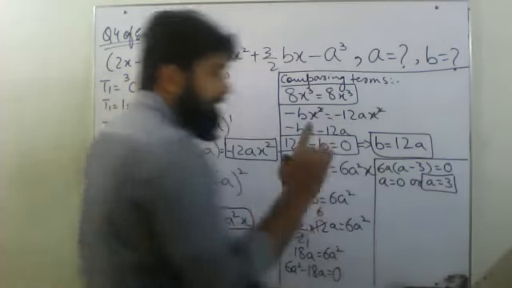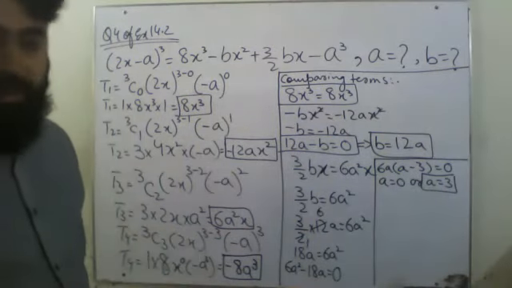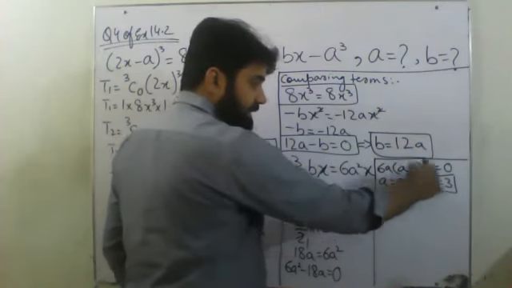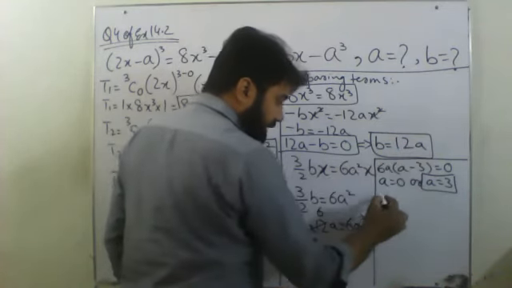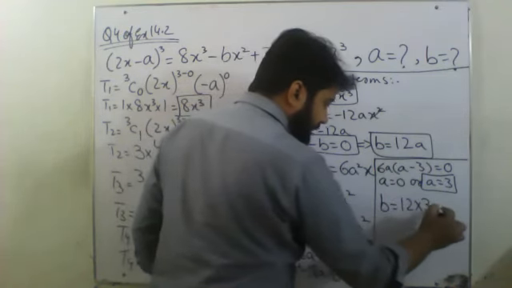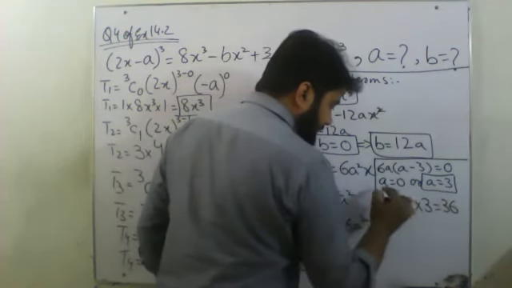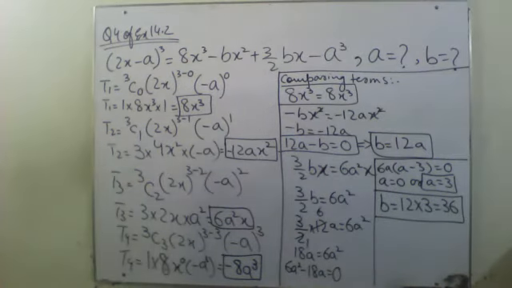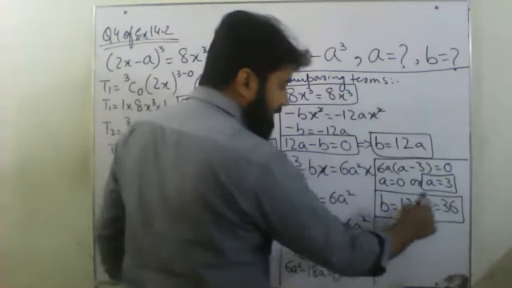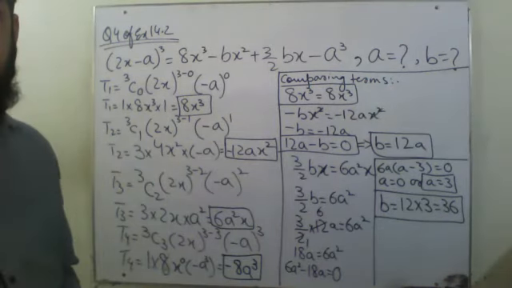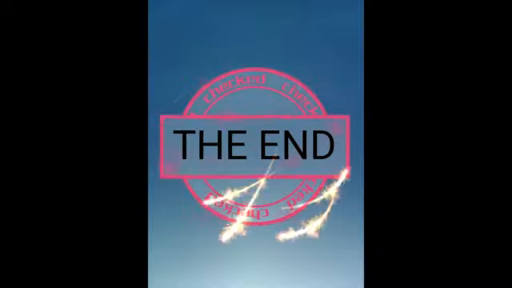They have said that we need non-zero values, so 0 will not be considered, only 3. Putting it over here, b equals 12 into 3, which becomes 36. So the value of b is 36 and the value of a is 3. That's your final answer for this part.